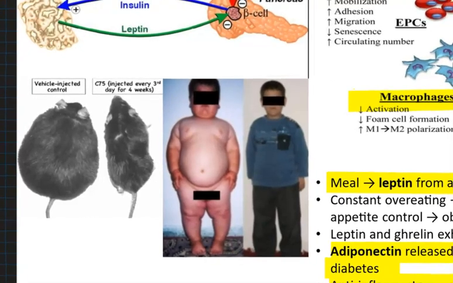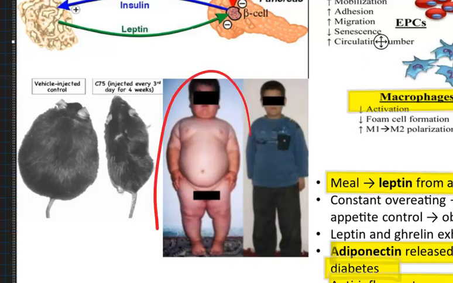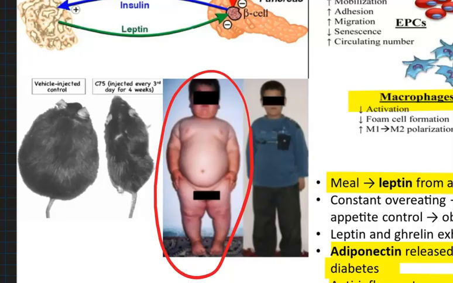Now, this is the illustration of leptin deficiency in mice and in humans. On the left, you can see a kid, I believe age 3. It's not up to scale, but obviously the kid in the left image is grossly overweight, probably morbidly obese at this point, because this kid does not produce leptin and there's no regulation of food intake.